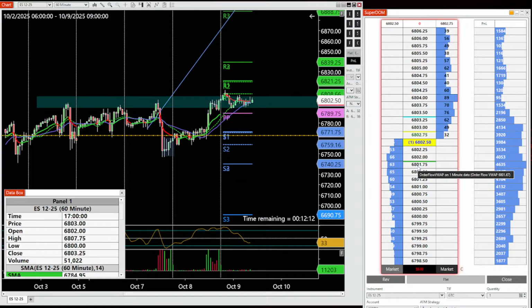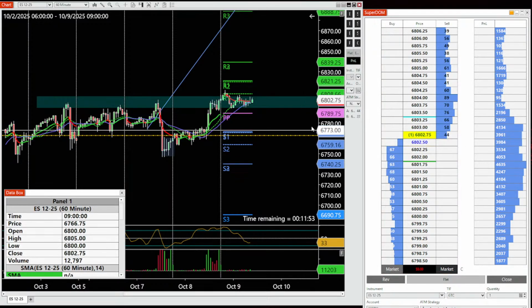This here, I think I showed this, the VWAP, right? This yellow is the current open, and this is the prior close. So we're just above VWAP, prior open, prior close, and we're just hanging around here.